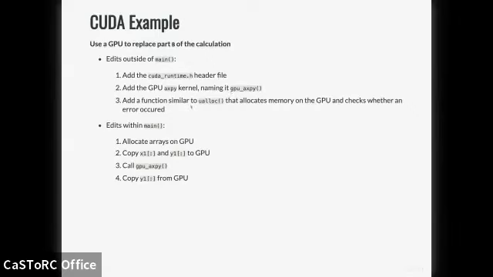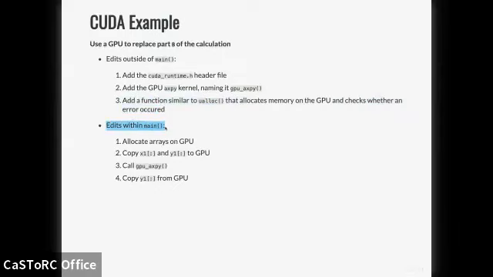Third, we will add a function similar to the one we have, which allocates the memory. It'll just allocate and check whether the memory has been returned. Then we will edit inside our main function.